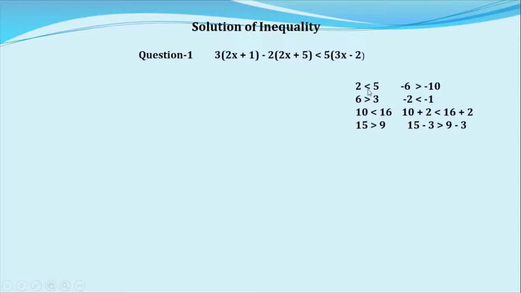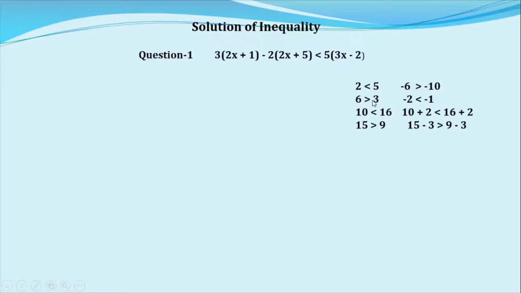So this inequality will be changed because minus 6 is greater than minus 10. So what is the rule if we multiply with a negative number on both sides? This inequality will be changed. If it is less than, it will become greater than. If it is greater than, it will become less than.